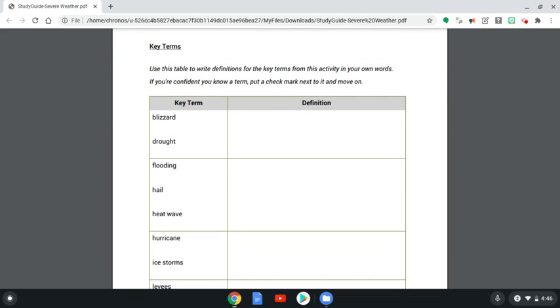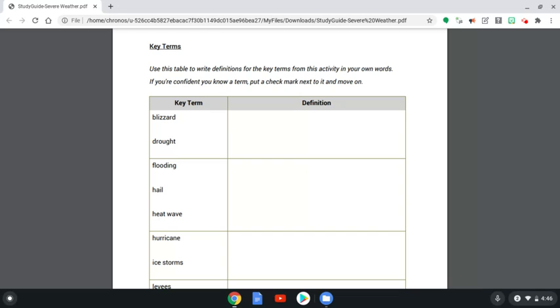So our key terms, we talked about blizzards, we talked about drought, flooding would be a temporarily large amount of water that flows onto normally dry land and can cause damage.